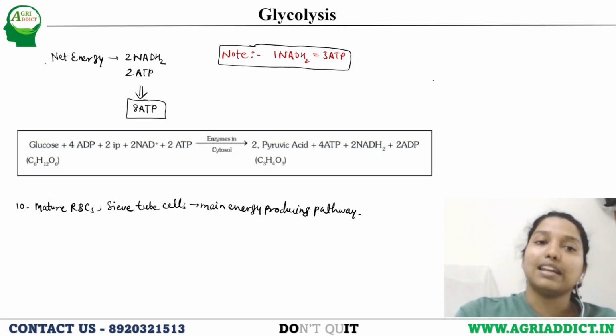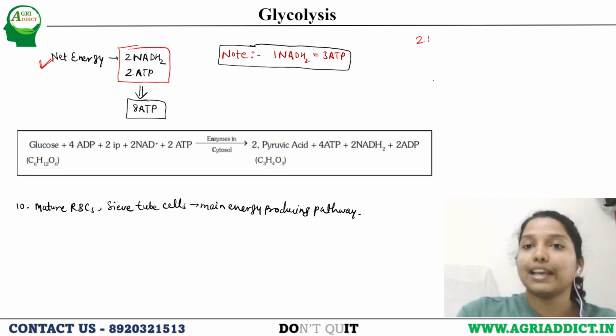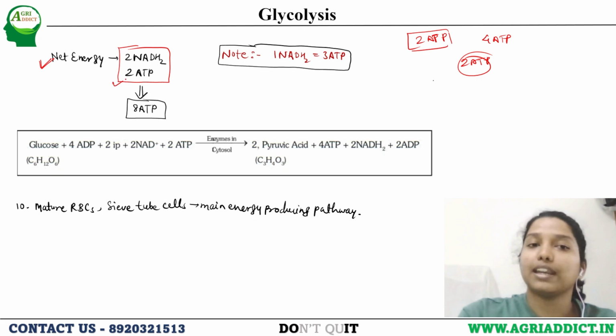So here the net energy we are getting in glycolysis is 2 NADH2 and 2 ATP. Why? Because we are utilizing 2 ATP, and we are producing 4 ATP. So 4 minus 2, only 2 ATP is left. So here only net 2 ATP are formed and 2 NADH2.